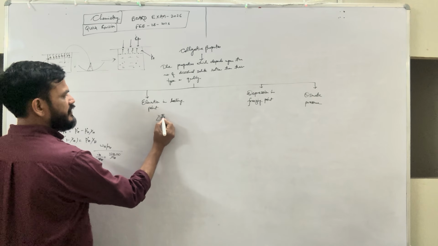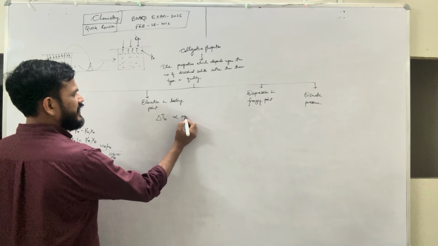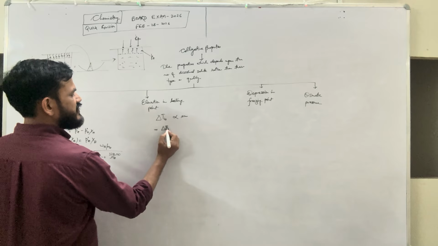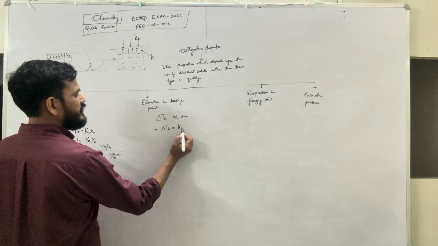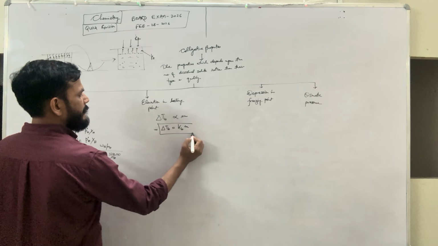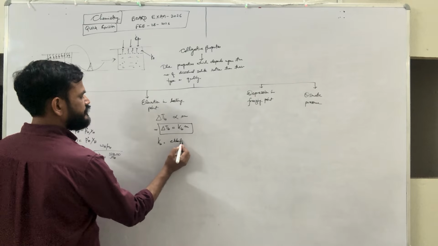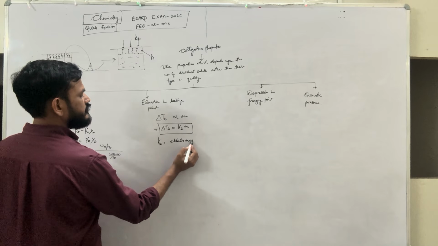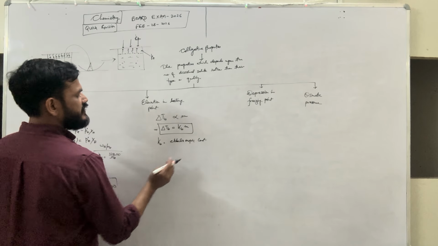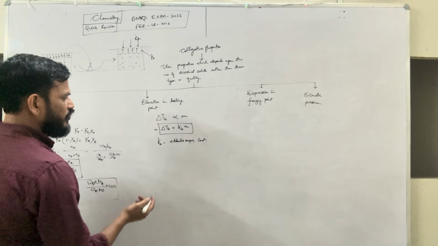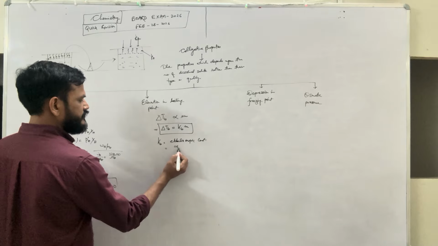So, what is elevation in boiling point? It is given by ΔT_b proportional to molality. So, elevation in boiling point will be given by K_b m. What is K_b? K_b is known as the ebullioscopic constant. It is also known as the molal elevation constant.